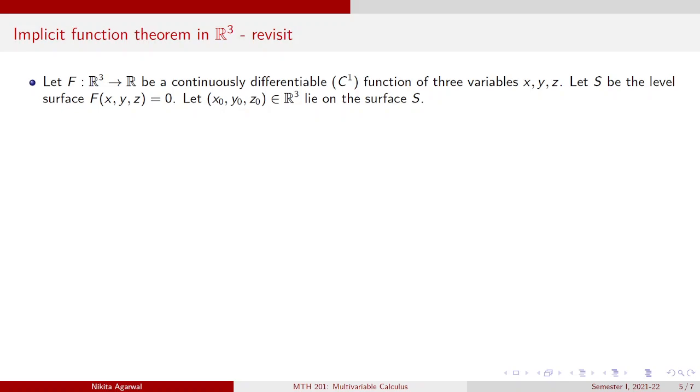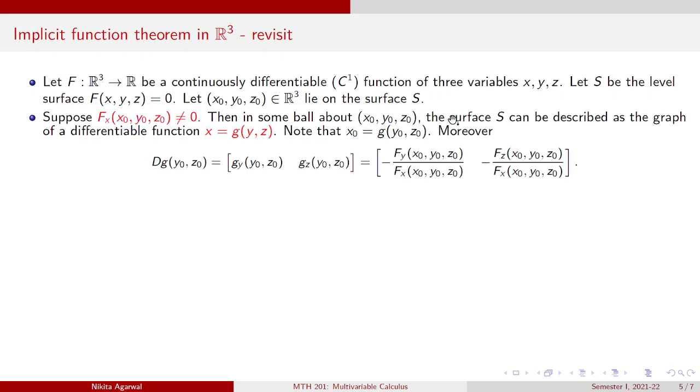So, if you have a function capital F, which is a function of three variables, a C1 function, and you take this level surface F(x, y, z) equal to 0, and you take a point on the level surface, and suppose the derivative of f with respect to x is non-zero, then you can write x as a function of y and z in some ball around (x naught, y naught, z naught).